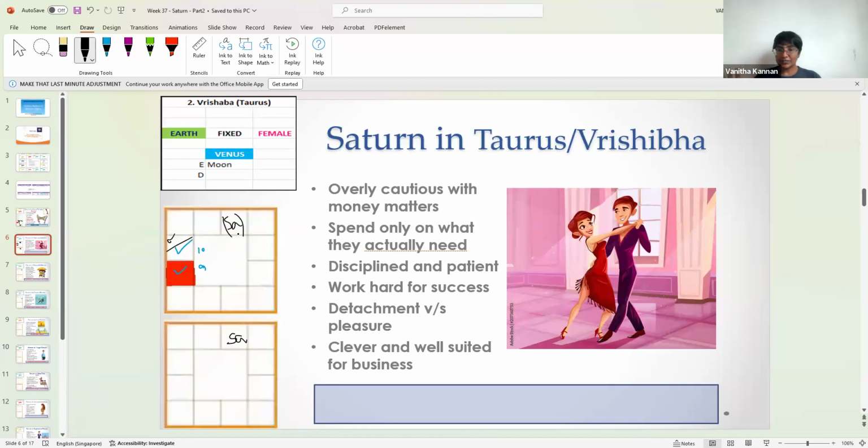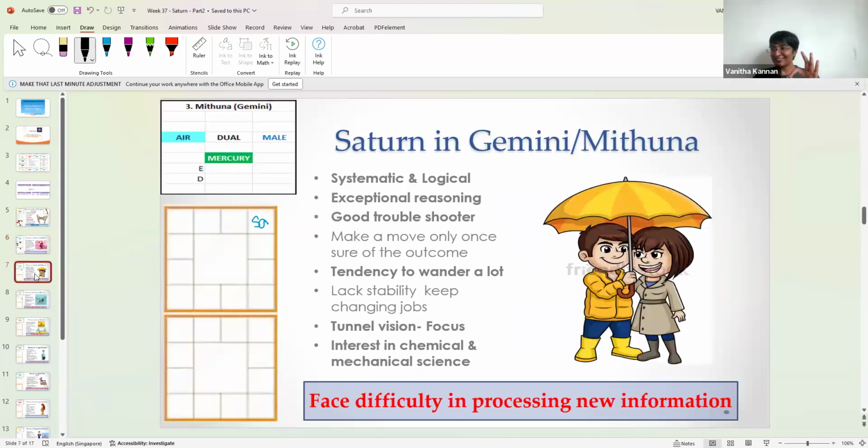Till now, any questions? Someone was asking, can we move on? Yes. I thought to finish six today, but I did only two. We'll finish half with Gemini, Mithuna, then continue next week.